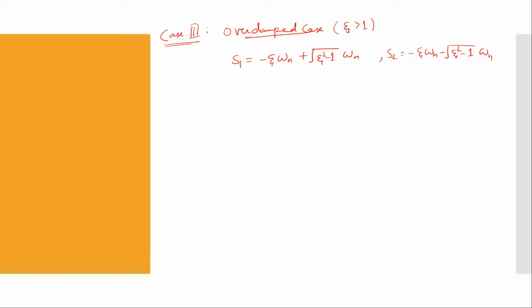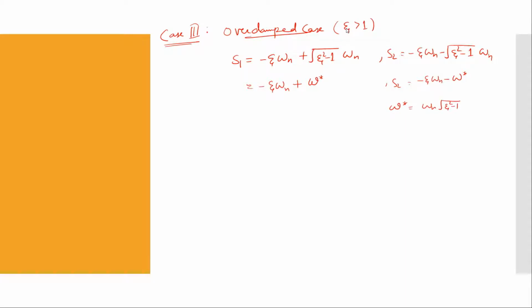So we can also write here, just a minute, we can have this value as minus xi omega n plus omega star, where omega star is omega n into under root xi square minus 1, and s2 we can write here as minus xi omega n minus omega star, where omega star is omega n into under root xi square minus 1.